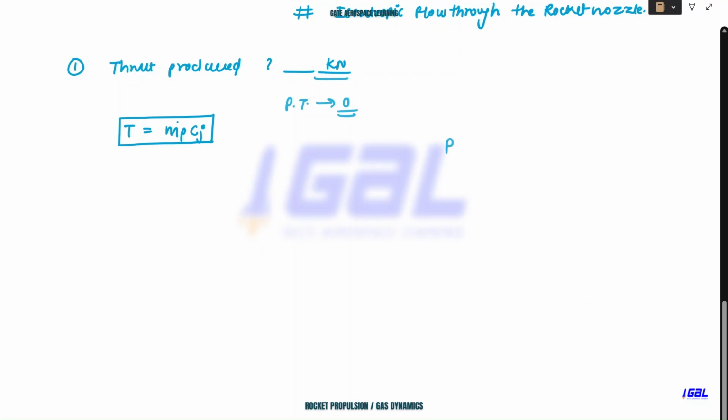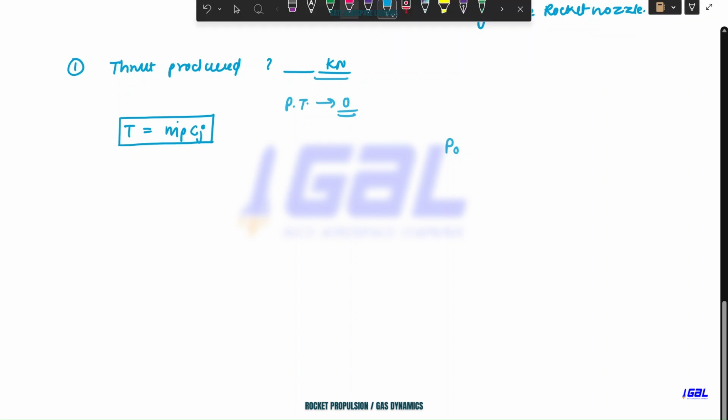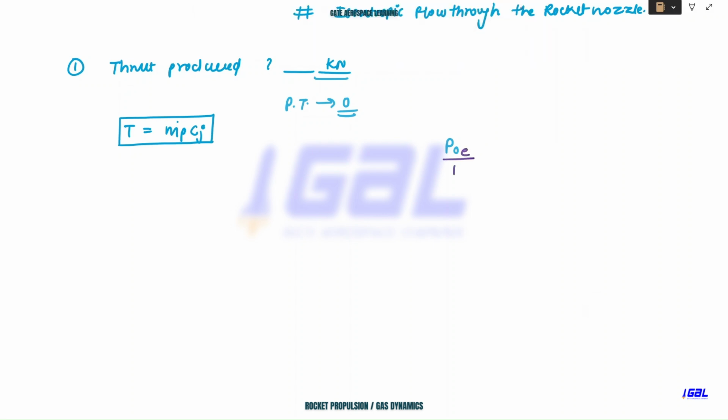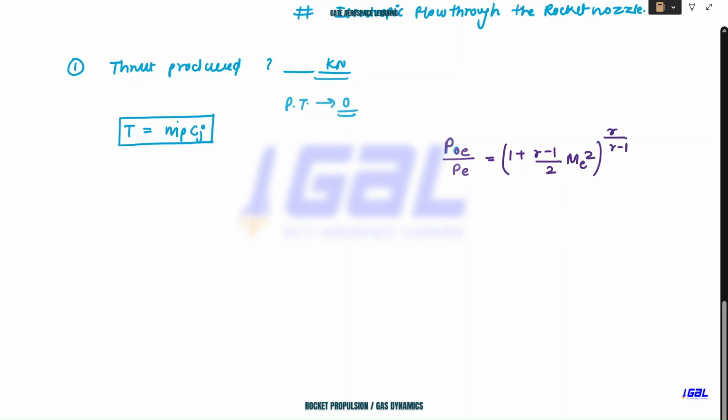Using the isentropic relation, assuming isentropic flow through the rocket nozzle, I can use P naught E by PE equals 1 plus gamma minus 1 by 2 ME squared. This is how gas dynamics is important, otherwise you would not have used this relation, right?